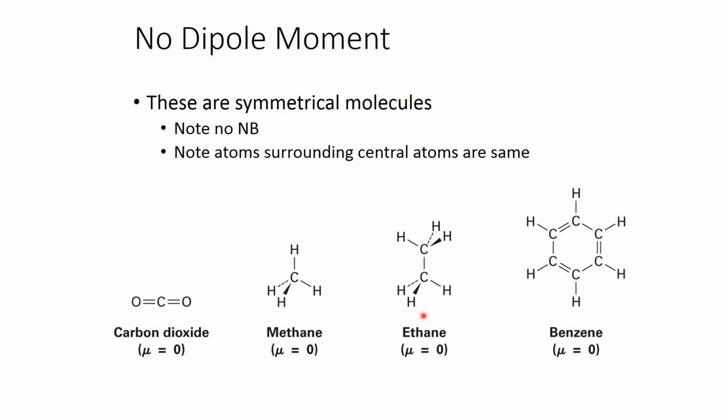If I look at this, no central atom, neither this nor this, has non-bonding pairs. The atoms on the outside are all the same, so it has no dipole, it's nonpolar. Here's another one. Look at the symmetry around this. Of course, there are no non-bonding pairs, but if I cut this in half this way, the 2 sides are the same.